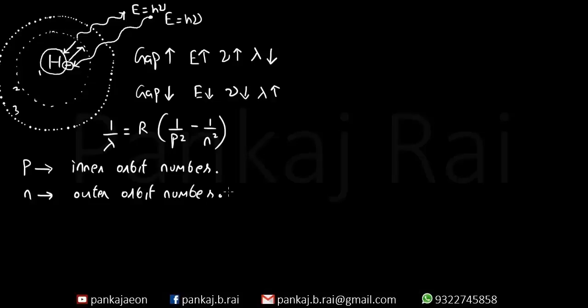Now there are 5 series which are defined for the transition of electron from a higher orbit to a lower orbit in hydrogen atom, and let us discuss them.